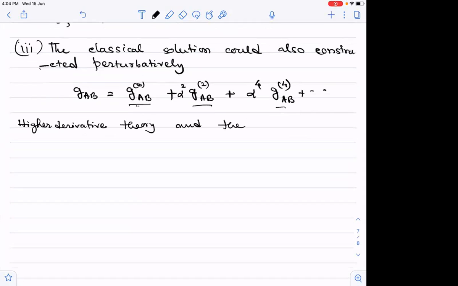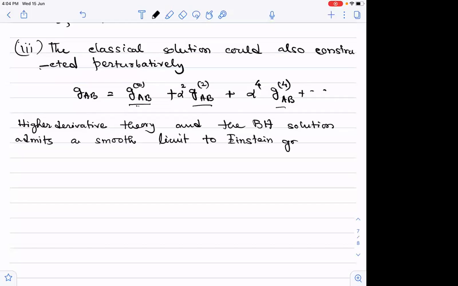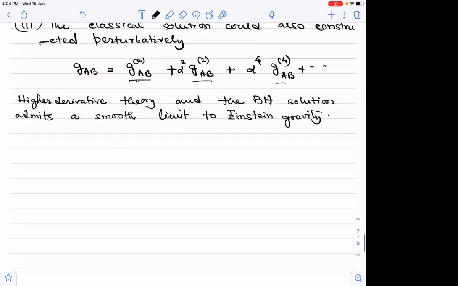The black hole solution we are considering admits a smooth limit to Einstein gravity. This is the key assumption. Then the proof will use the method of induction.